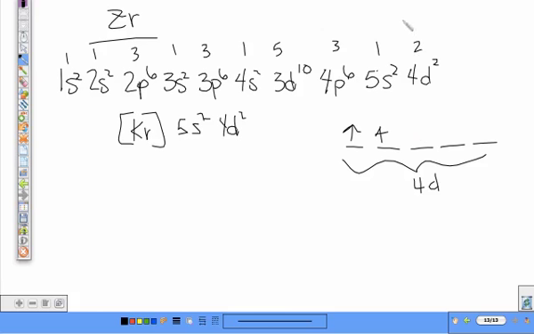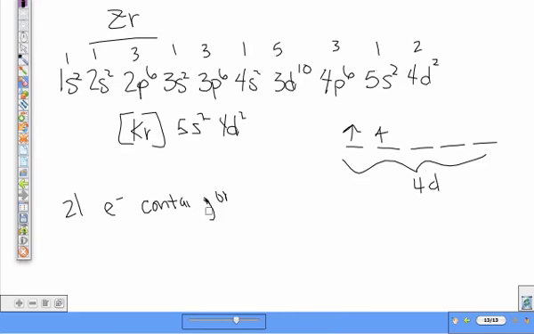So we'll write a little 2 there. So now we add them up. This was 15, 18, 21. I did not spell that right. So 21 electron-containing orbitals.